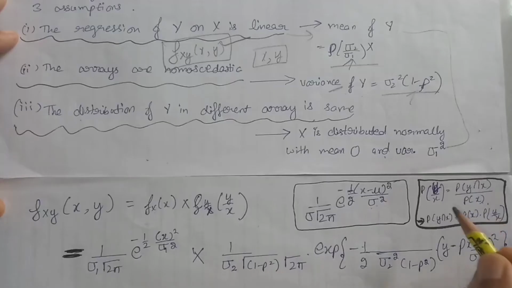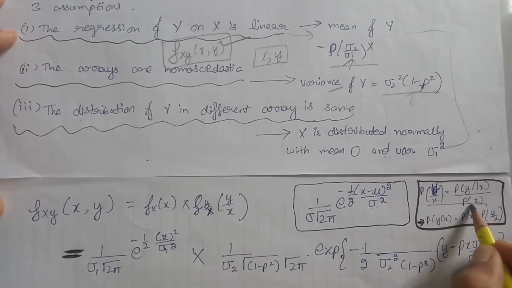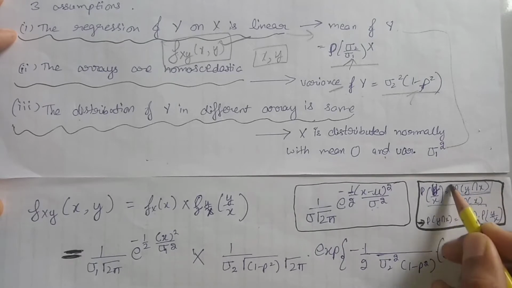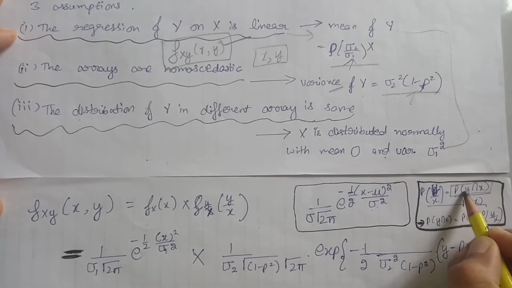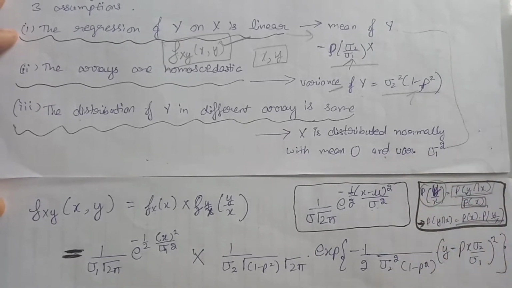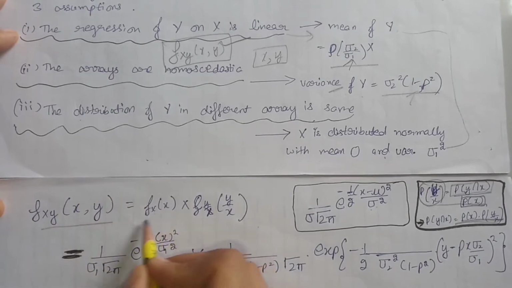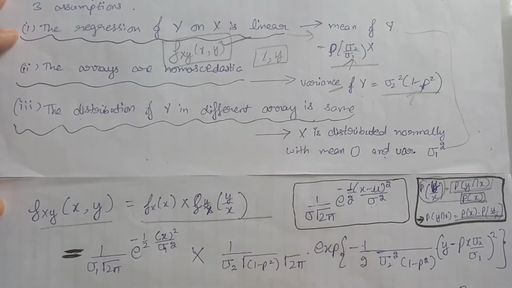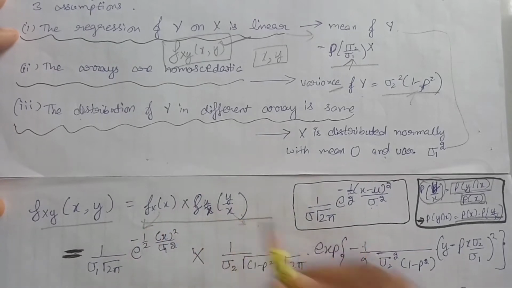Now we know that according to this formula of the probability, the joint probability density function of our x and y is equal to this multiplied by this term. That is the formula of the joint probability density function of x and y. Now we have to write here the value of this PDF and the value of this PDF.